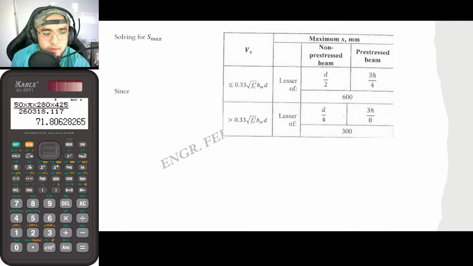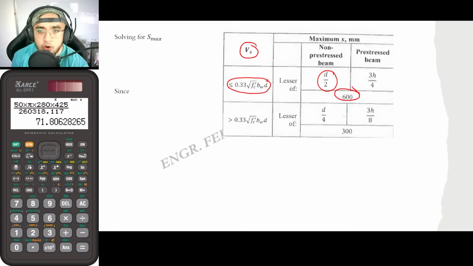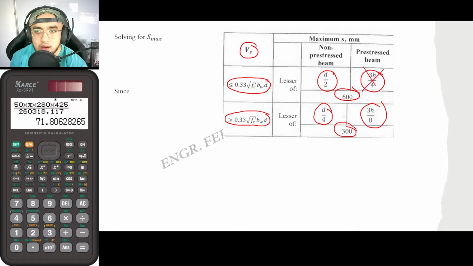For the maximum spacing according to NSCP 2015, it is either D over 2 or 600 if your VS is less than or equal to 0.33 square root of F prime C times BW times D, or D over 4 or 300 if the VS is greater than 0.33 square root of F prime C BW D. Why didn't we use this? Because this provision is only for pre-stressed beams, and according to our problem, we are solving for a non-pre-stressed beam.